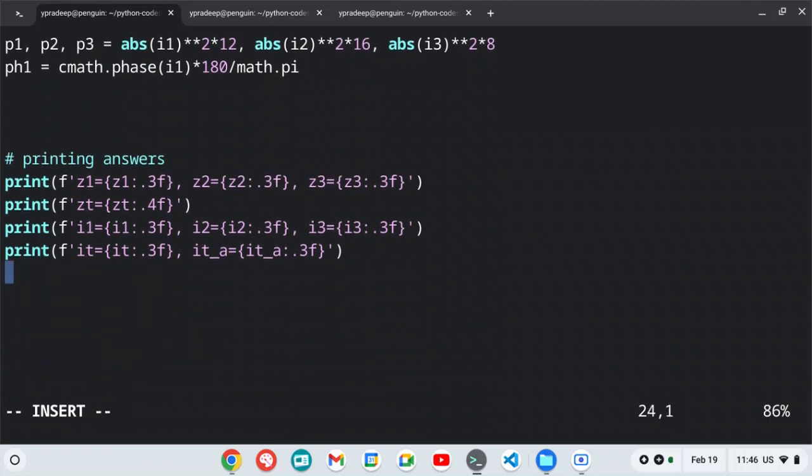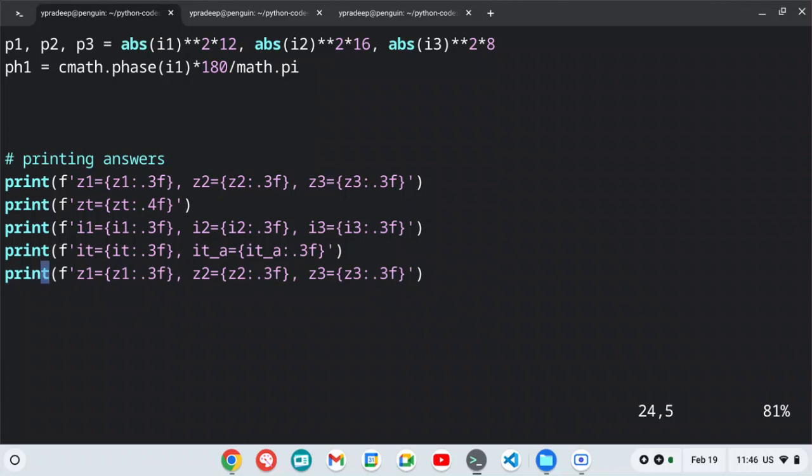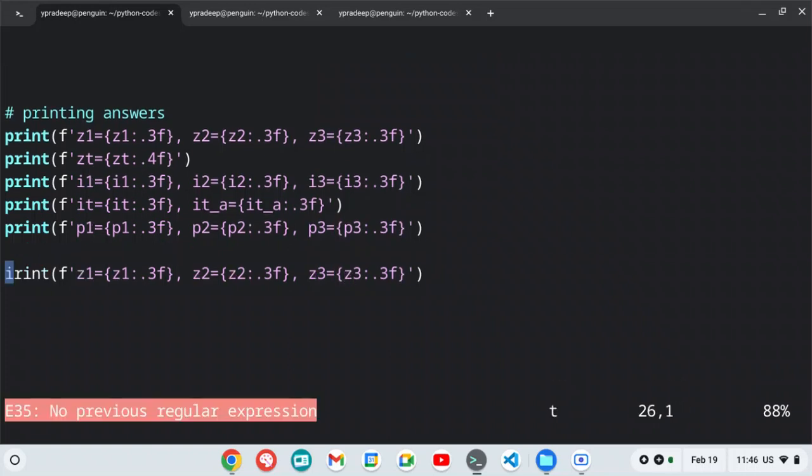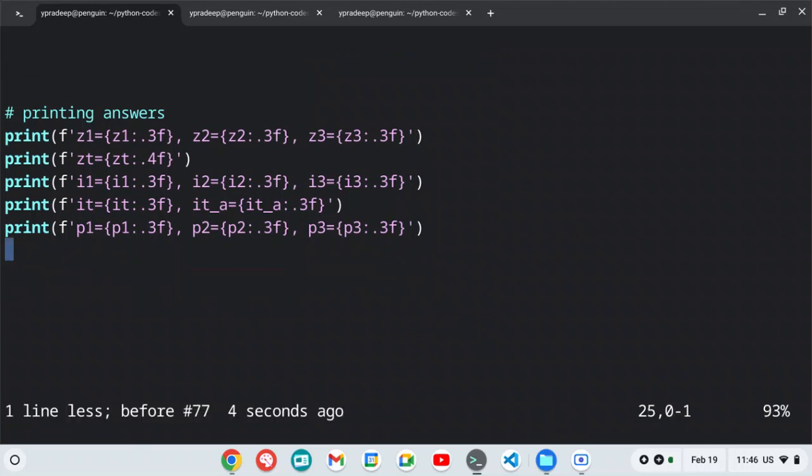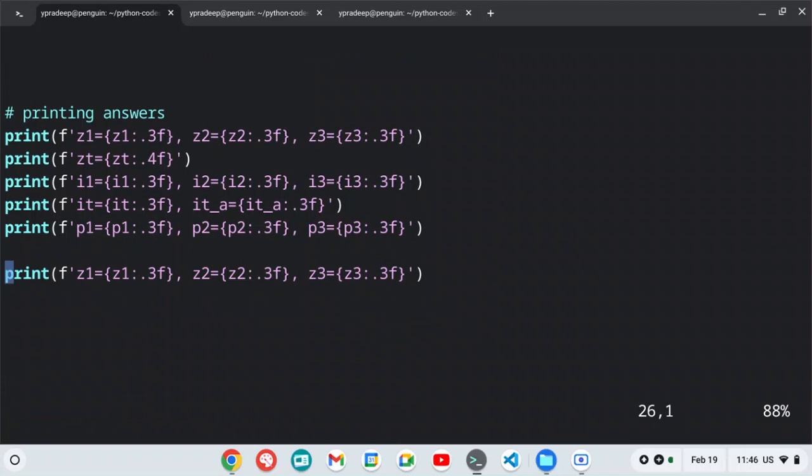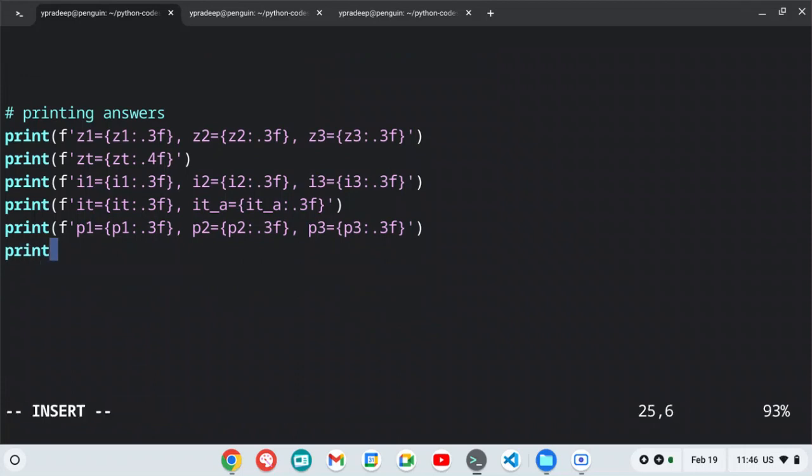Okay, let us print the results. Again, I'll copy this, paste it here, and let me also print the phase of the first, PH1.